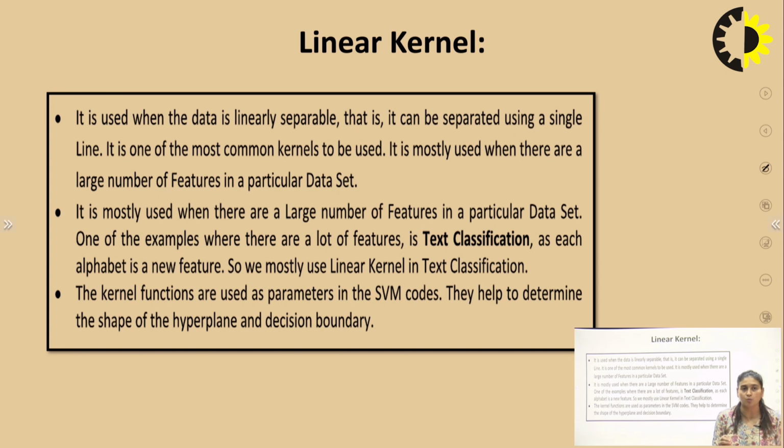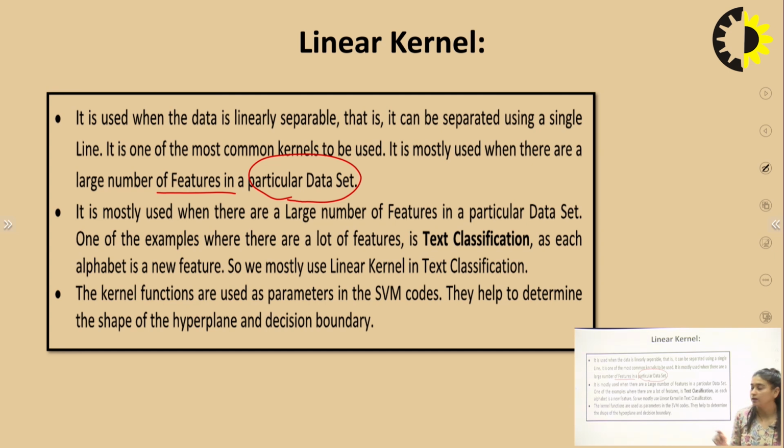These are some of the points you should remember, that is, when to use which kernel. If there is a large number of features present in the particular data set, you should go for the linear kernel, and if the data is linearly separable, then obviously the choice would be the linear kernel.